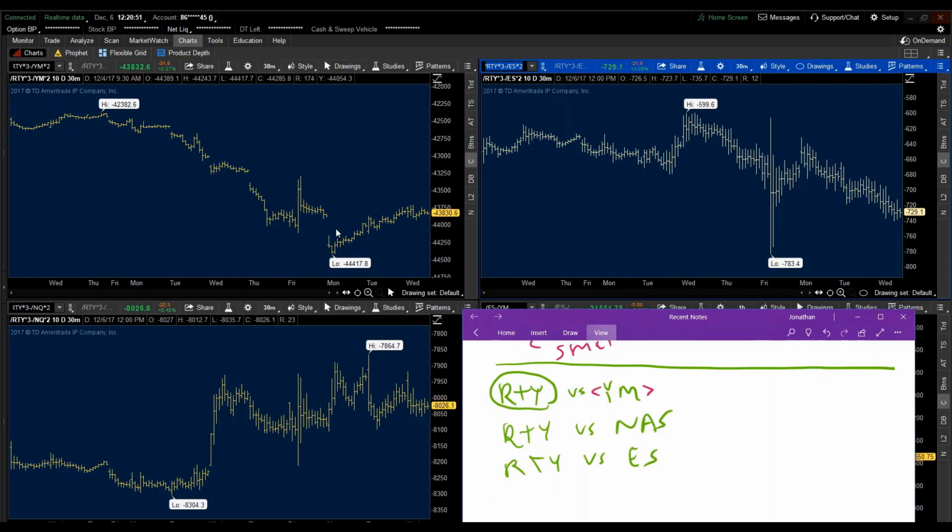It's like a rubber band. You can pull it, but it's inevitably coming back. When you trade spreads, when you trade correlated instruments, you want to sit around and wait for those correlations to break down on a historical basis. And when they do, that might be a trade opportunity.